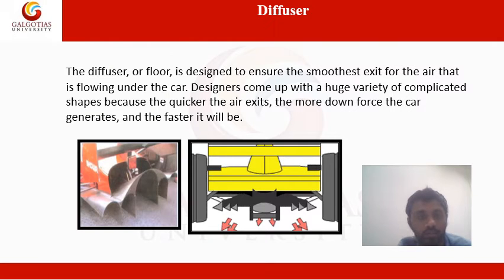After the aerodynamics of the F1 car, as I told you, there are many parts in which the aerodynamic design comes into the picture. One important part is the diffuser. What do you mean by diffuser? As you can see in the diagram below, if you look clearly at the photograph, it shows you the parts of the diffuser.